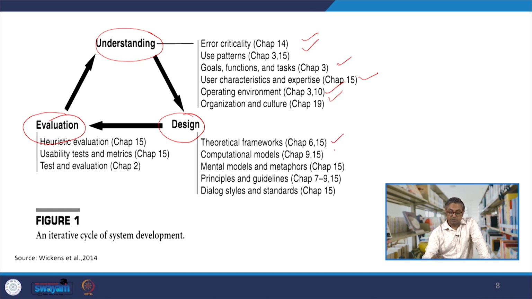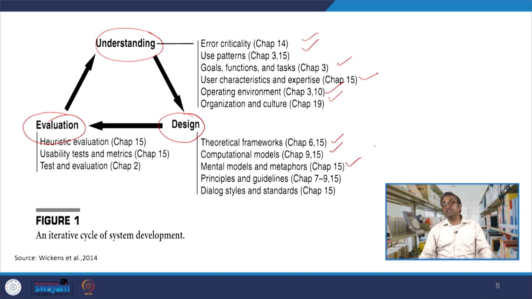Now, once we have this understanding, we move to the next level of design, where a theoretical framework is required, computational model is required, mental model and metaphors are required. Mental model, because we have a preconceived notion or we expect to have a design which is similar to our mental model, consistent with our mental model.